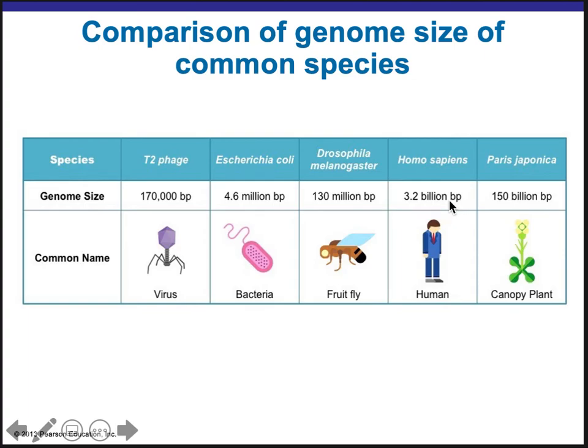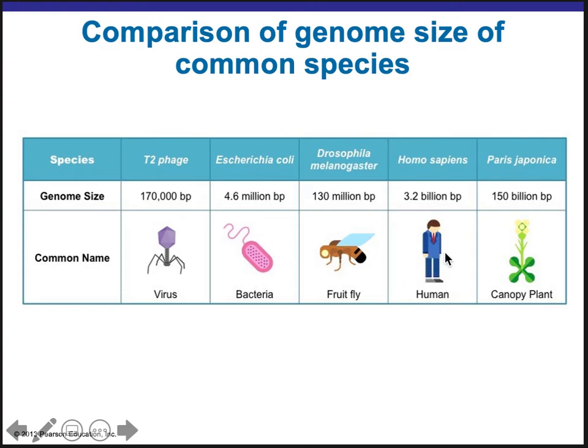And interestingly, plants can actually have more base pairs than people. So even though we think of this as an increase in complexity, that idea kind of breaks down when you get up to the top, right? Because obviously humans are more complex than plants.